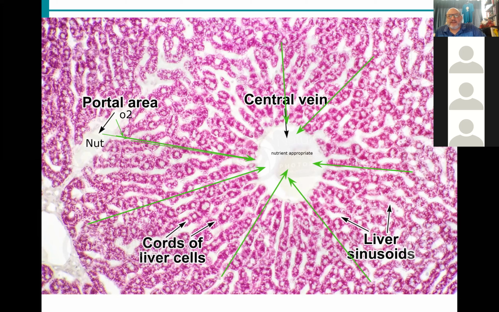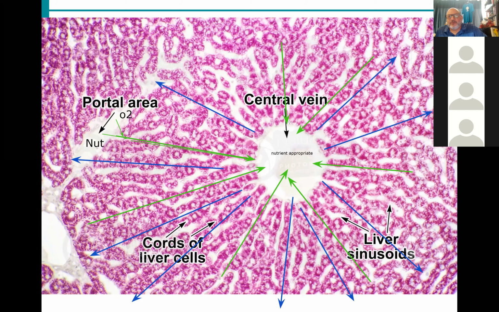Ironically, I used green for that because it would have been better for the bile, but that's all right. At the same time, our hepatocytes are making bile, and as they're making bile, they're sending it out to the outer wall of the lobule where the connective tissue is and where that bile duct is located, so that bile duct can collect that bile as it is moving out of the lobule.